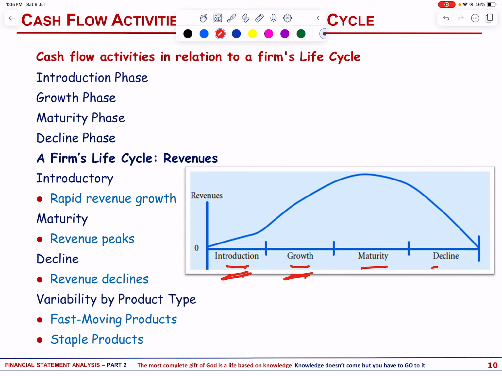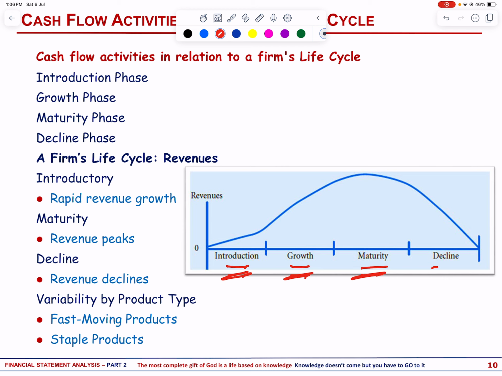During the growth phase, cash flows increase as sales expand rapidly. External financing might still be needed to support growth initiatives. During the maturity phase, cash flows stabilize as sales reach their peak.